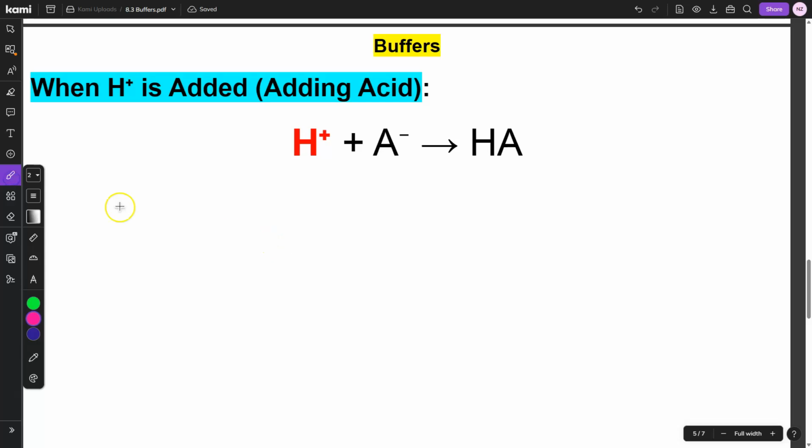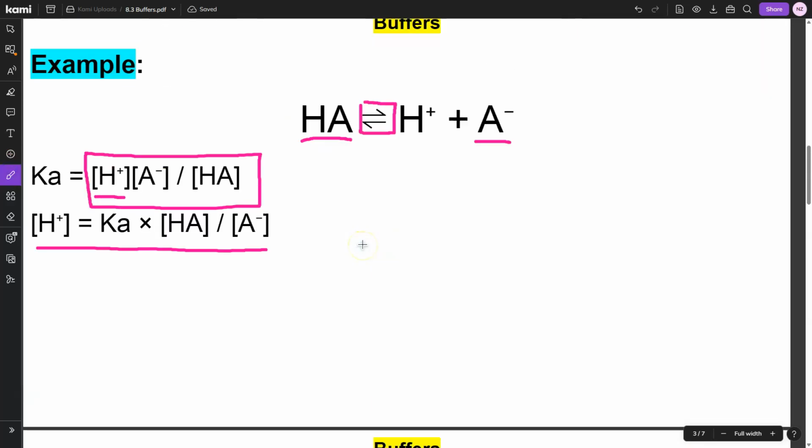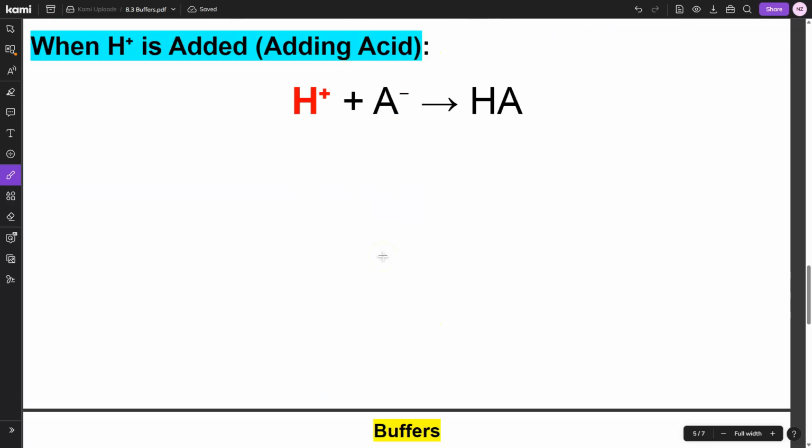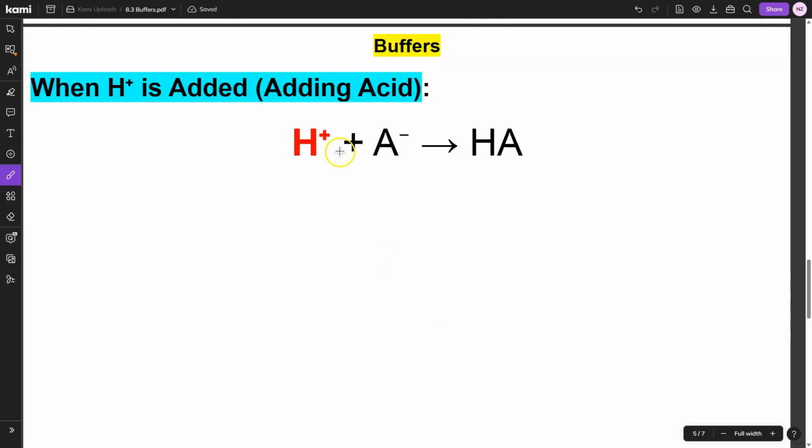Now, when we add an acid, notice our reversible reaction is going to go the other direction. So when we add an acid, it's going to react with the conjugate base. Our acid is going to get neutralized. Our conjugate base is going to go down because it's being neutralized. And our acid on the other side of the reaction is going to go up. Our weak acid will go back up.